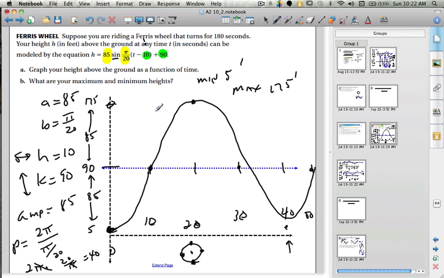Now, in this case, this is a sine function with both h and k, but could you see this could have been a reflected cosine function? A reflected cosine function would have done the same thing. If I wanted to model the Ferris wheel, it would have been valid to do this sine function that we shifted to the right.